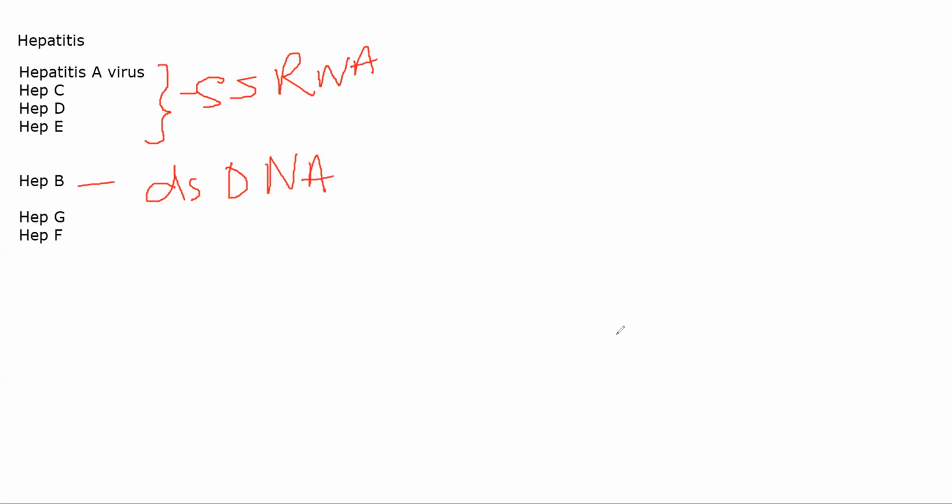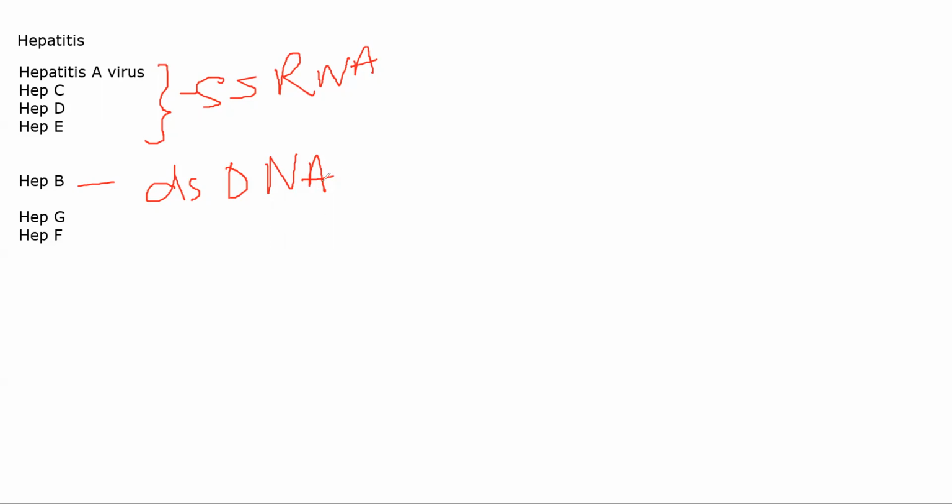So that is one of the main differences between Hep B and the rest of the hepatitis. You will eventually learn the other more minute differences between all of them. But for now, those 4 are RNA viruses, and this is a DNA virus.